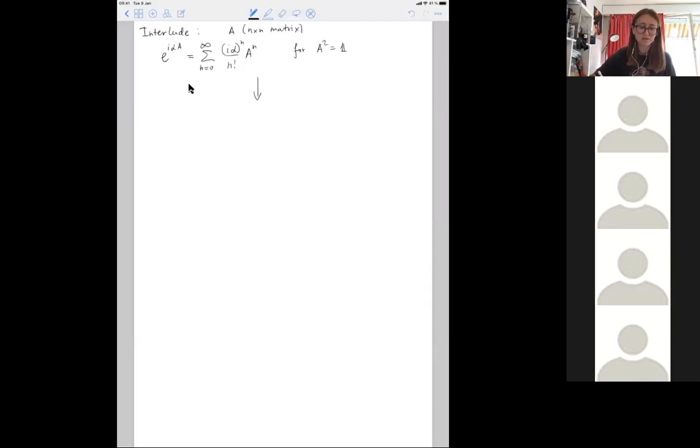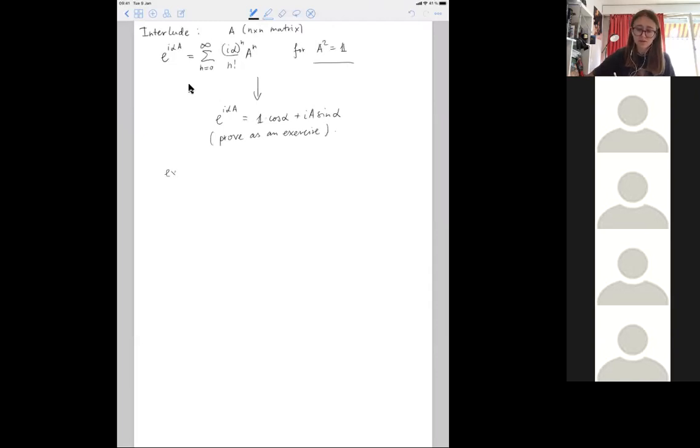And hence, for the matrices which satisfy this condition, we can write that the exponential is just this. And yeah, just prove it, it's an exercise.